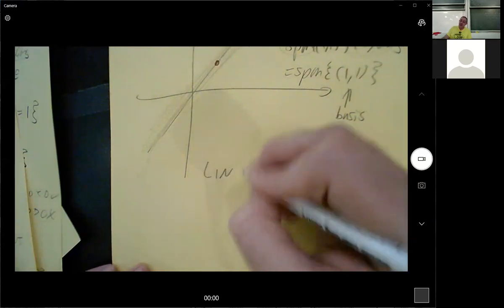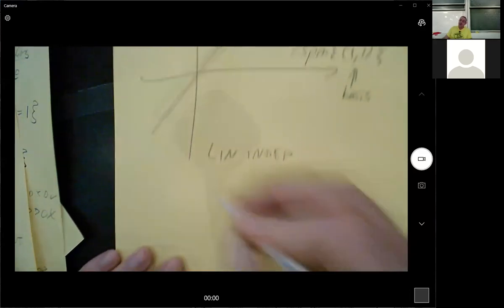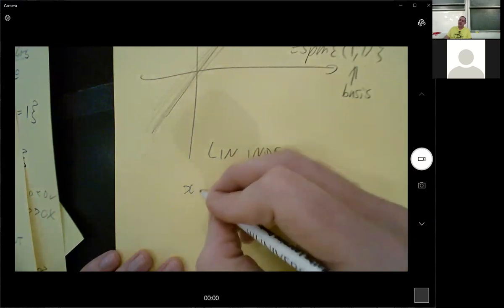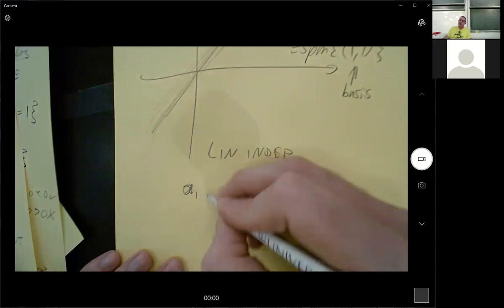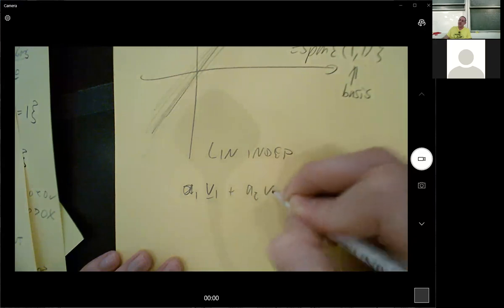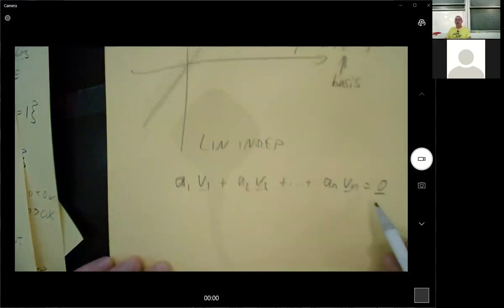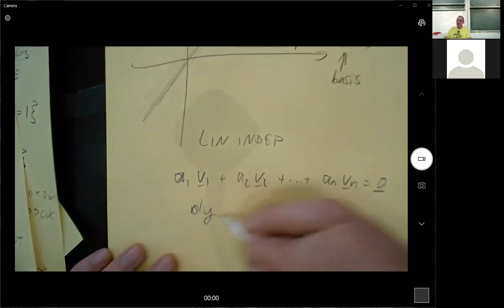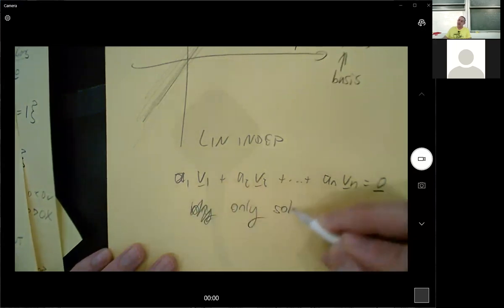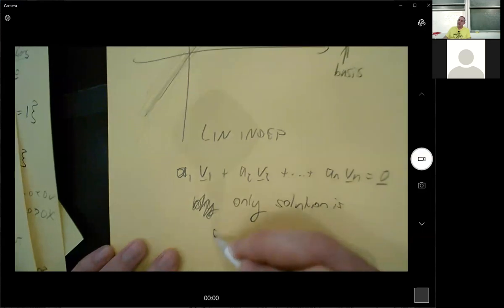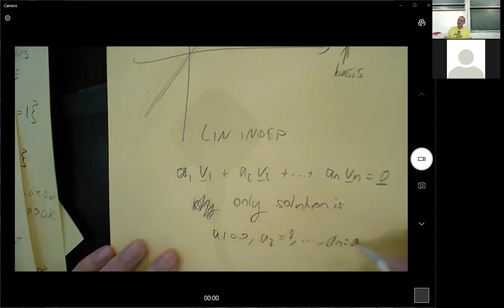So the definition of linearly independent is that if you did some number, I'm going to call A1, times the first vector, plus some number A2 times the second vector, plus some number AN times the last vector, and they all add up to the 0 vector, the only solution is that A1 is 0 and A2 is 0 and AN is 0.